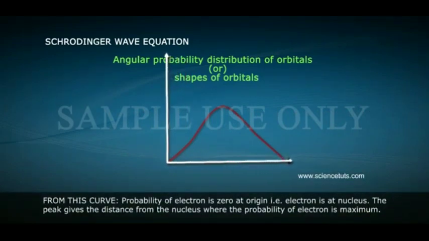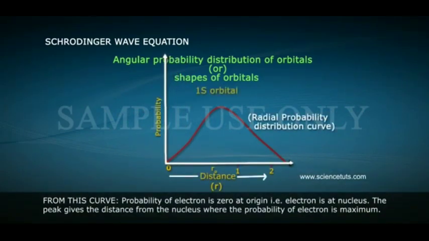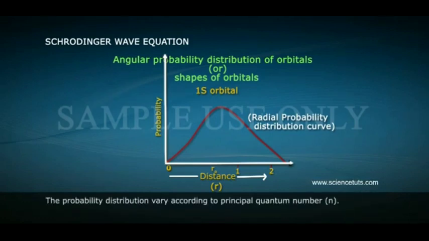From this curve, the probability of electron is 0 at the origin, that is, at the nucleus. The peak gives the distance from the nucleus where the probability of electron is maximum. The probability distribution varies according to the principal quantum number n.